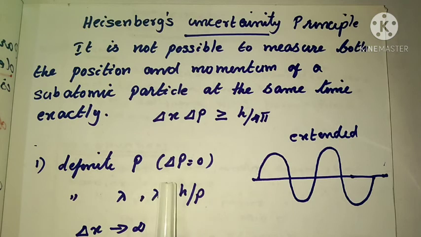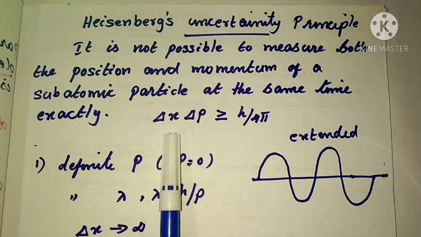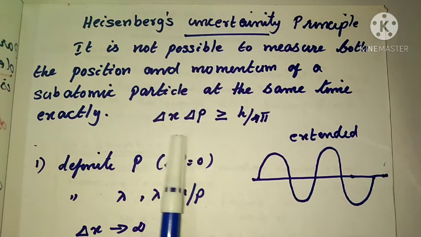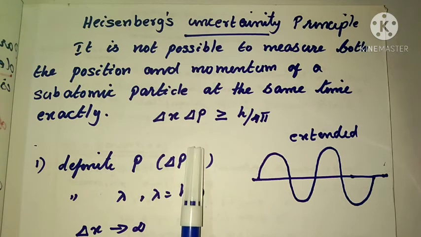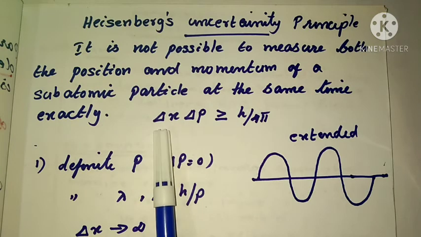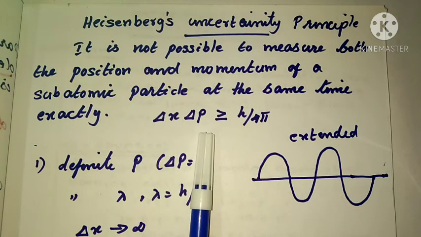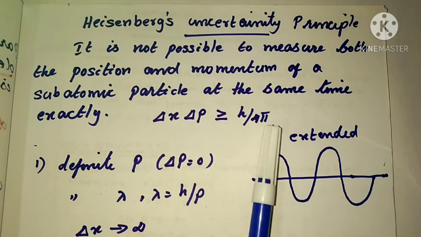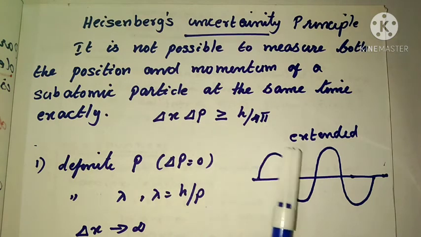When delta x is 0, delta p must be infinite in order that the product is non-zero. Similarly, if delta p is 0, delta x must be infinite. If both delta x and delta p are non-zero, their product is of the order of h by 4 pi. These are the possibilities.